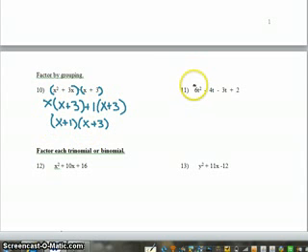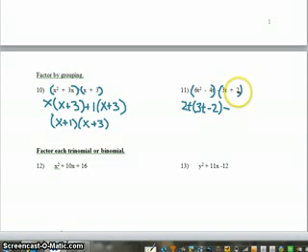For number 11, we'll do the same thing. Parentheses here. Parentheses here. The greatest common factor I see here is 2t. We'll bring both of those, so I'm going to do 2t. Open parentheses. 6 divided by 2 is 3. T squared divided by t is t. Minus 4t divided by 2t is 2. And then I've got minus. I've got 3t plus 2 here, and I've got 3t minus 2 there.